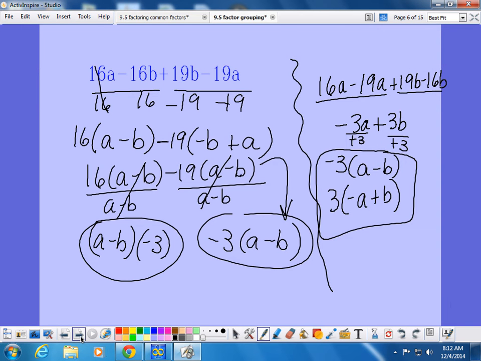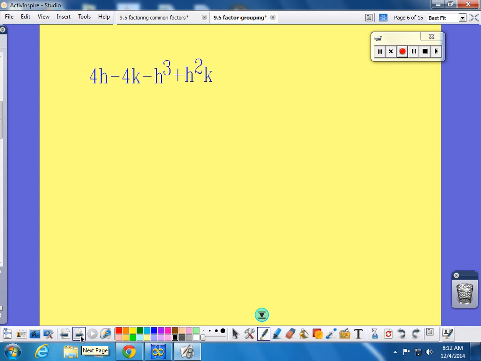Keep on going. All right, let's look at this one. How are we going to group this? If I put the 4's together, what's the greatest common factor over here? Not just H, but 1 and 8 what?